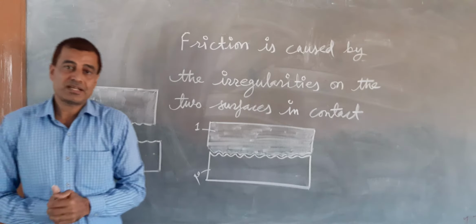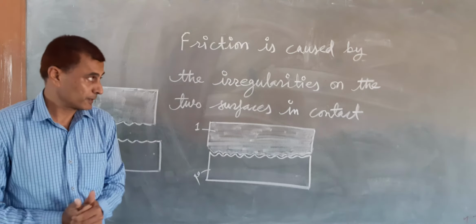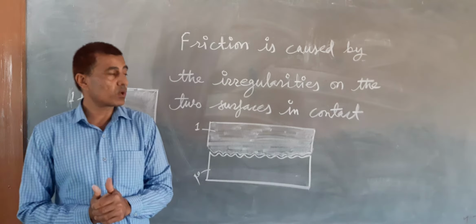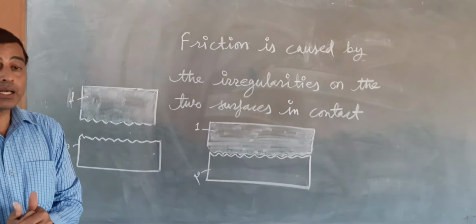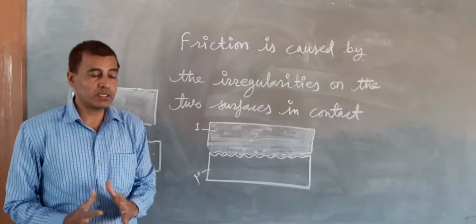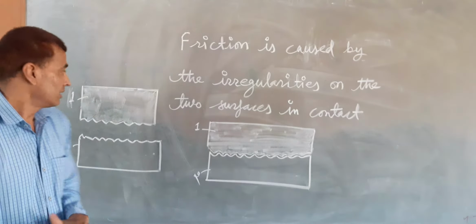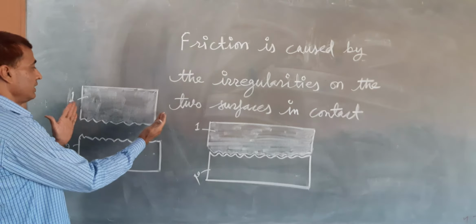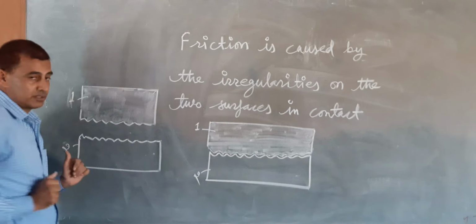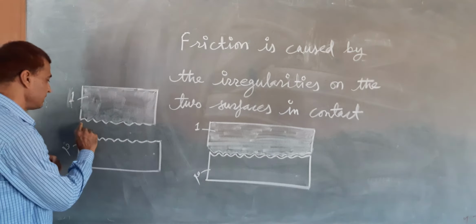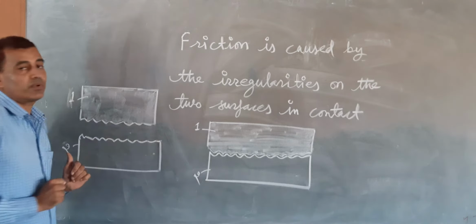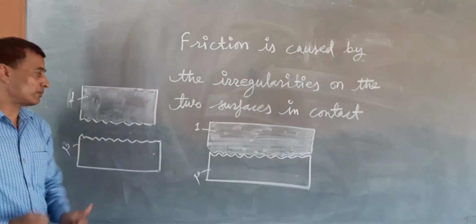Now we will see the reason of this frictional force. Friction is caused by irregularities on the surfaces in contact. What does it mean? Child, look here, this is an object and we are considering this surface in our experiment.